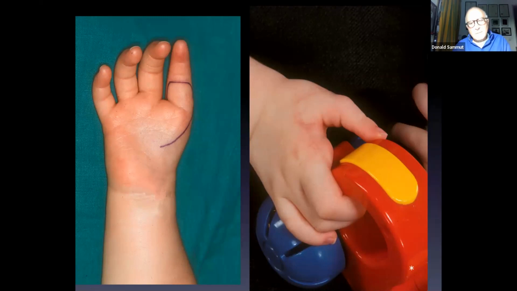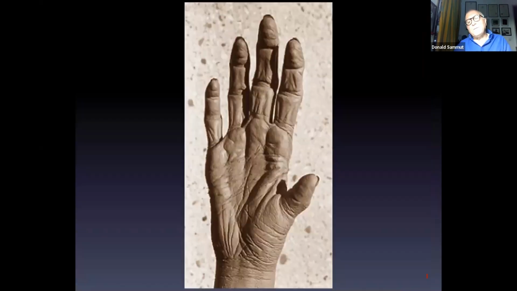We are not unique. The chimpanzee family has an opposable thumb, as you can see from the creases here and from the thenar eminence. The big difference between us and the chimps is the relative length between thumb and long digits.